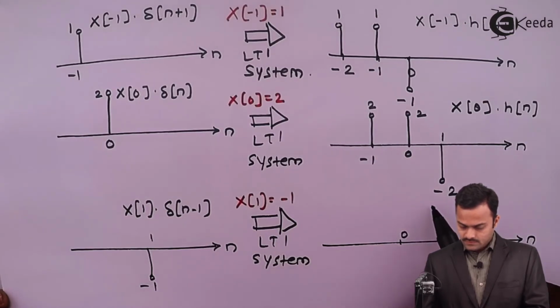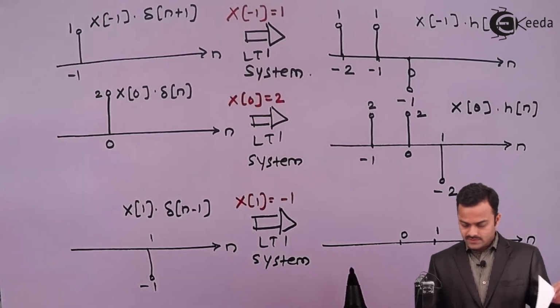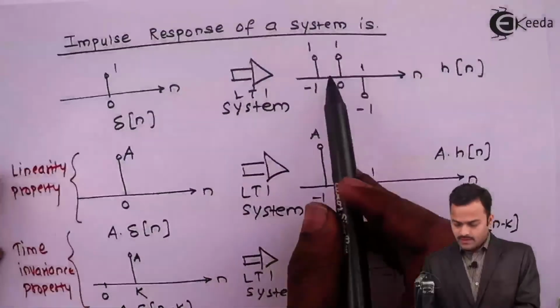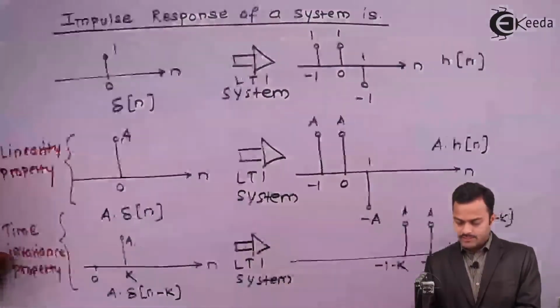0, then for 1, and for 2 we will get signals. So it is delayed by 1 and multiplied by -1.